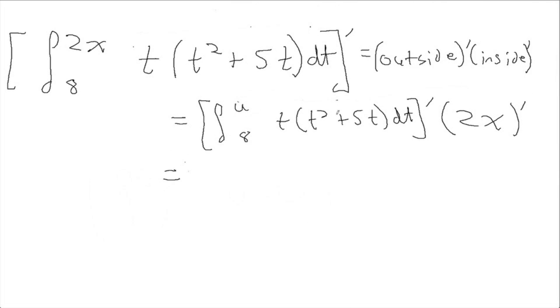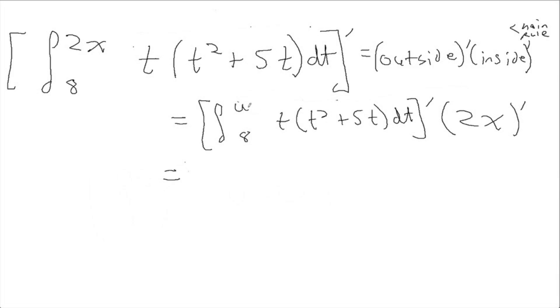So now the fundamental theorem of calculus does apply. Also I'll write down here that we were using the chain rule. So now the fundamental theorem of calculus does apply, because now there's just a single variable all by itself in this limit of integration.